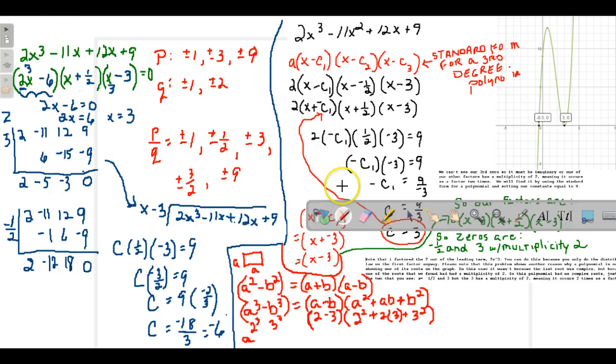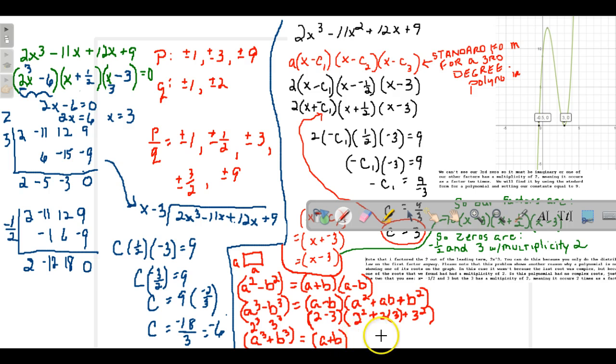Well, let's see if I can write this better. That one is a cubed plus b cubed. Okay, so that's the sum of cubes. And then that equals, now this time it's a plus b. So this one started with a minus b. This one starts with a plus b.